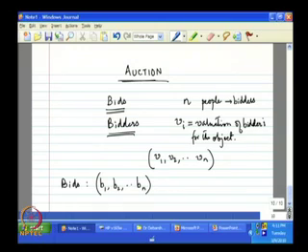This is the symbol that we are going to use for the prices that are quoted by each of the bidders. So, bidder 1 is having a valuation V1 and bidding B1, bidder 2 has a valuation of V2 and bidding B2, like that.